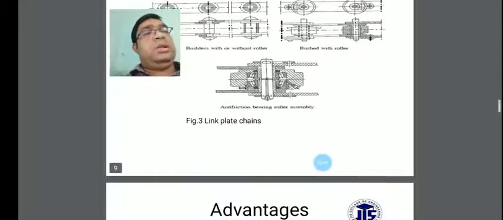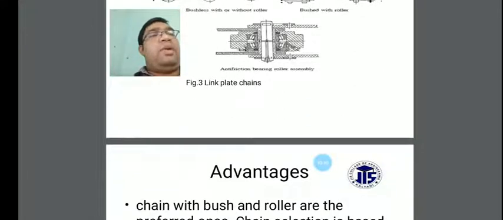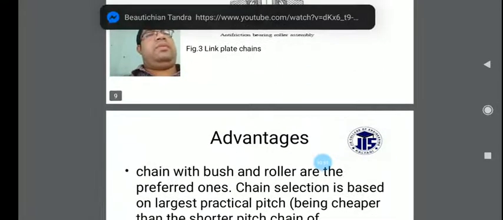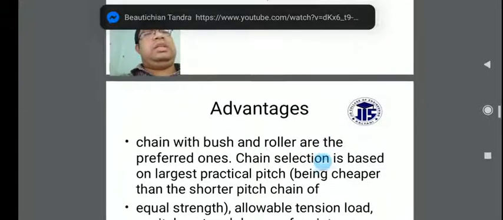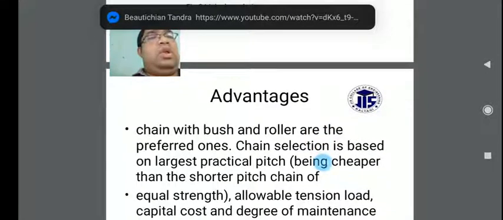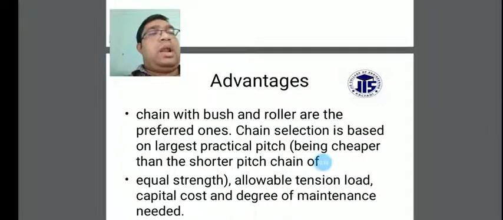We can see a few advantages of the link plates and chain here. The chain with bush and roller is the prepared one, and the chain selection is based on the largest practical piece.